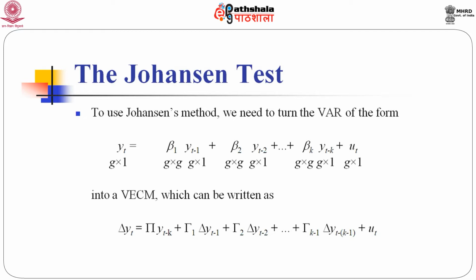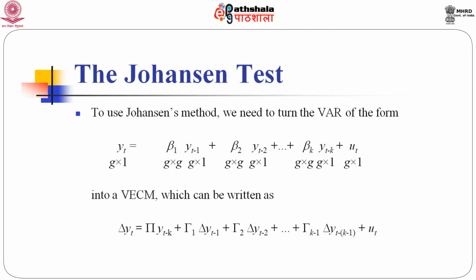Now, let us write the system as yt as a function of yt minus 1, yt minus 2, up to yt minus k. We have also seen that in the two-variable case, we can generate an error correction mechanism from the relationship.